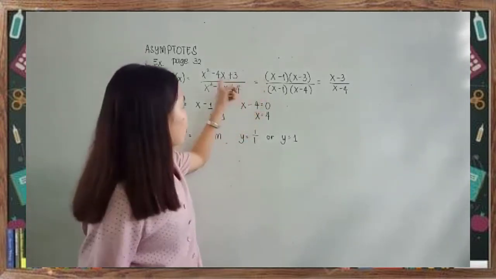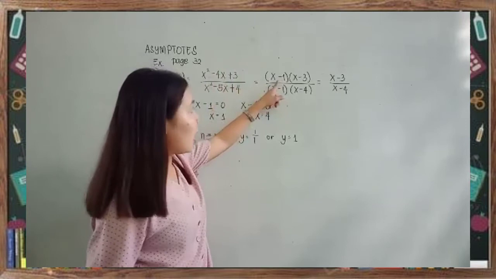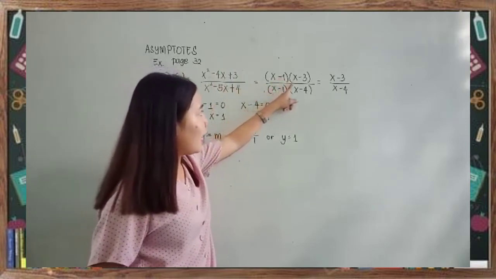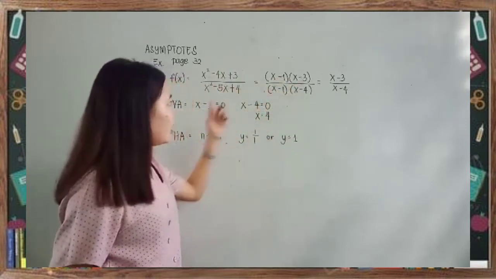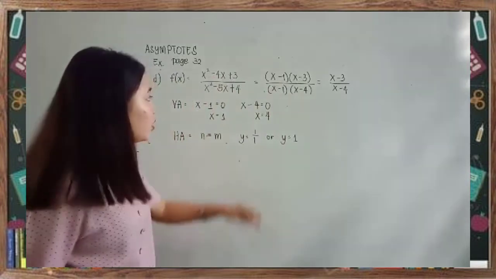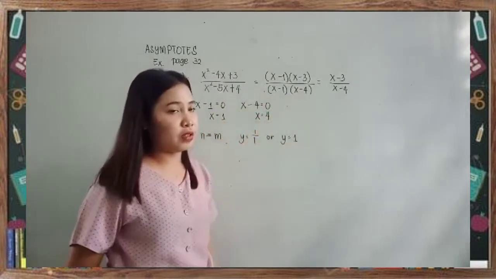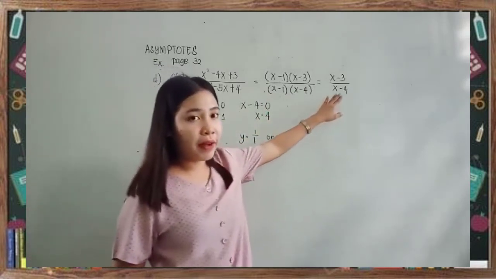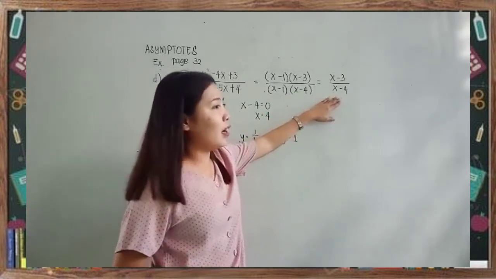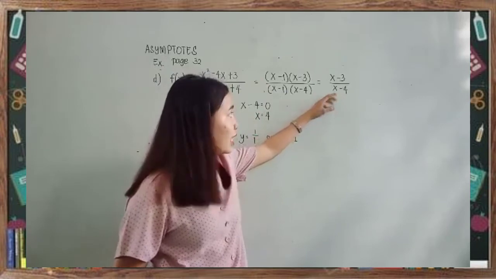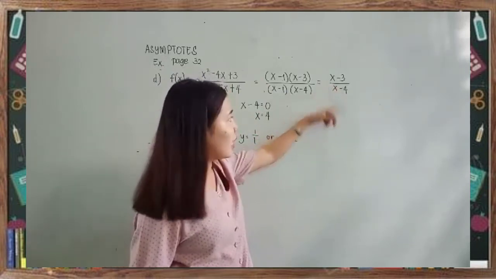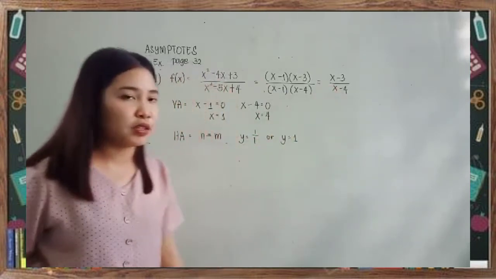Okay, so the factors of the numerator are x minus 1 and x minus 3. And the factors of the denominator are x minus 1 and x minus 4. And the simplified rational function is x minus 3 over x minus 4.